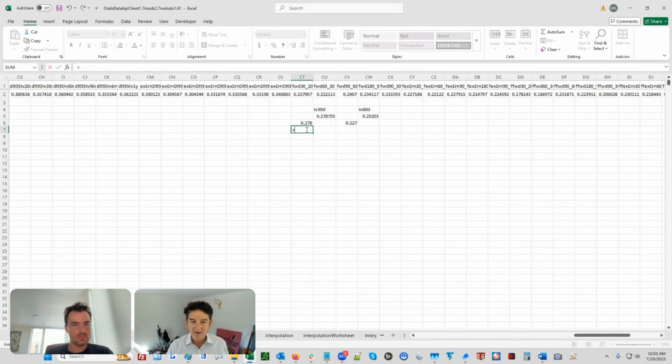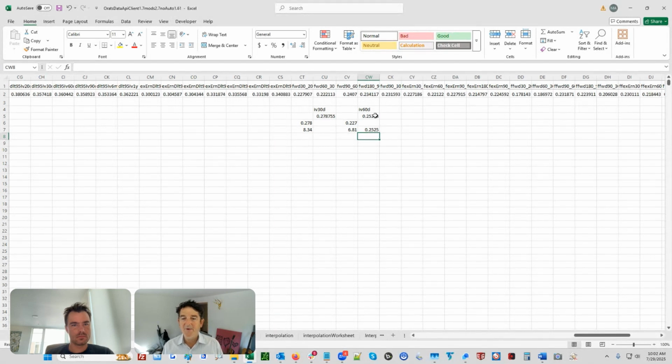So we could do equals this times 30 and same thing for this. Add those two together and divide by 60 and see what that comes up with, just for a reasonableness check. And that is 25.25. So very close. Do you see what I did there?